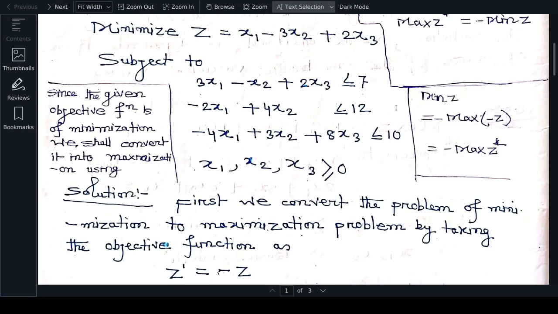So here you remember the rule: all bi should be positive. If any bi is negative, then you convert it into positive. So our problem is minimization, so first we convert it into maximization, and second, all the constraint right hand side values, all bi's, are positive, so no problem.